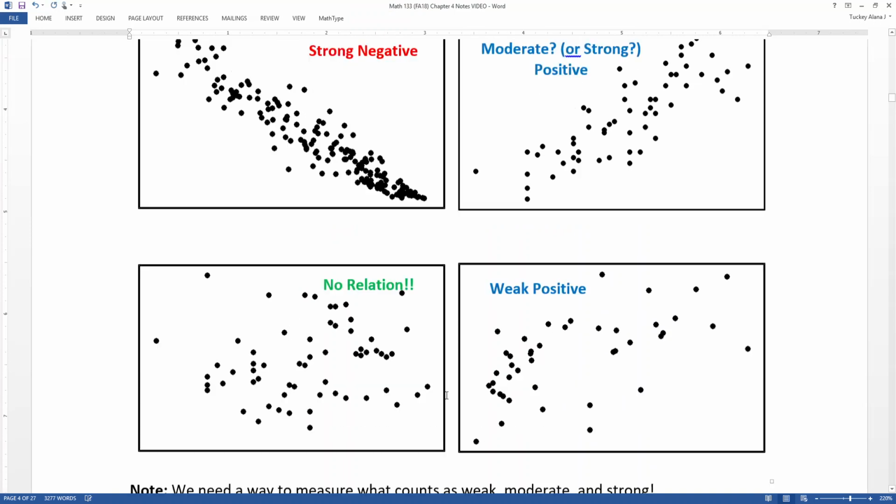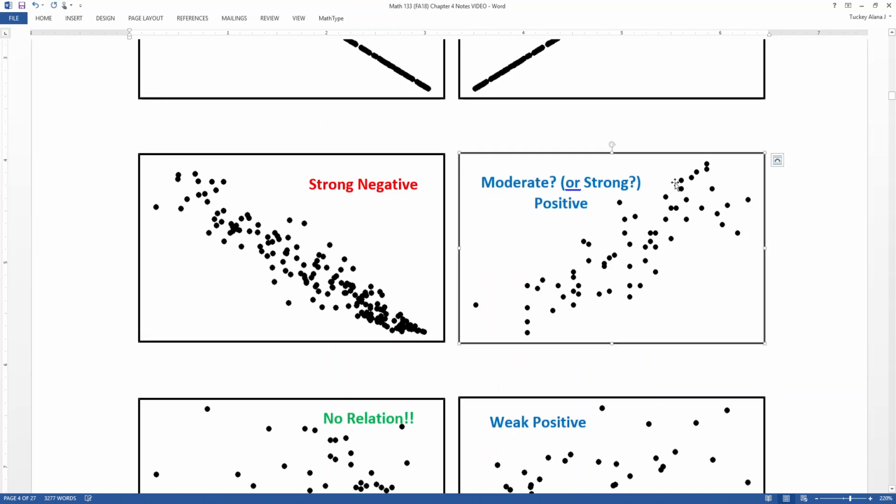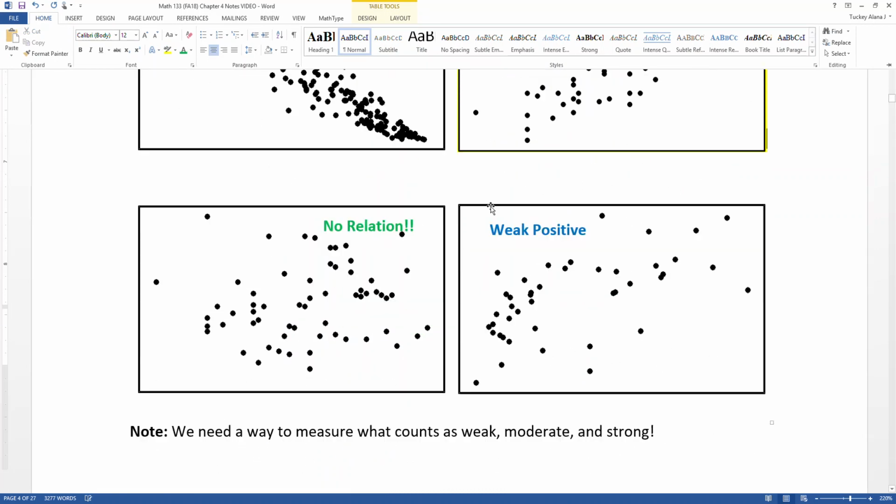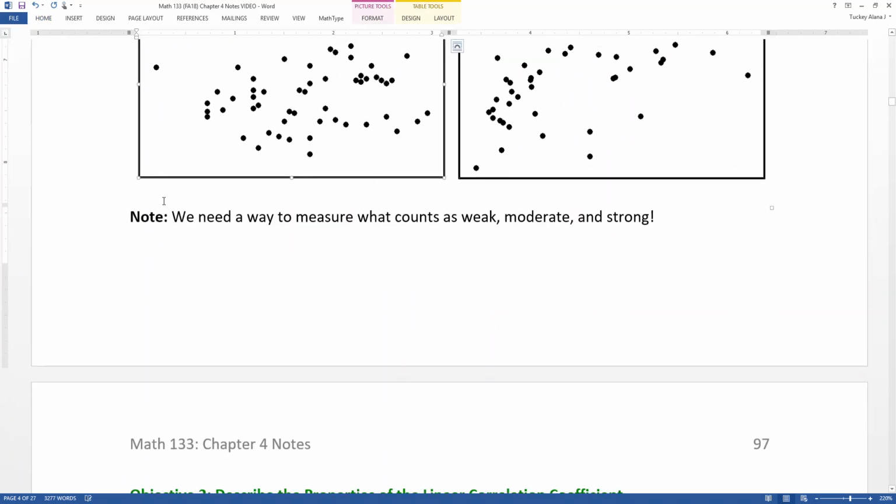So we really don't like this one right here. So it's one to pay attention to. This whole thing, how do you know if it's moderate? How do you know if it's strong? That kind of is yucky. Mathematicians don't like having to make a guessing game about something like this. They want to have a number that's going to measure it for us. So I want to focus on this one right here. Just making guesses is no way to make a judgment here.